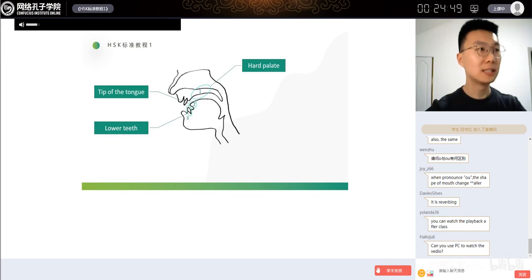First, let's look at this picture. For example, it's your mouth. 1 represents your hard palate. Number 2 represents the tip of your tongue. This one is your lower teeth.